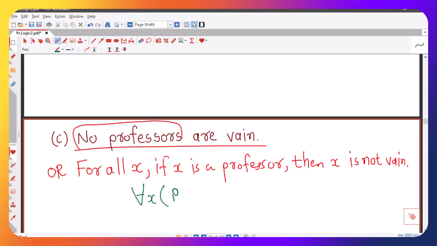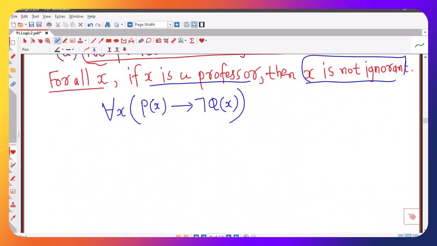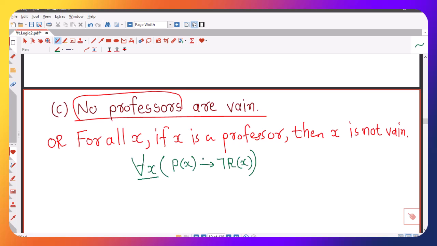X is a professor is represented by Px. X is vain is represented by Rx. Therefore the negation of Rx is x is not vain. We can check here. Rx represents that x is vain, therefore the negation of Rx means x is not vain, and Px is x is a professor. So I have written here, for all x, whenever x is a professor implies that x is not vain.